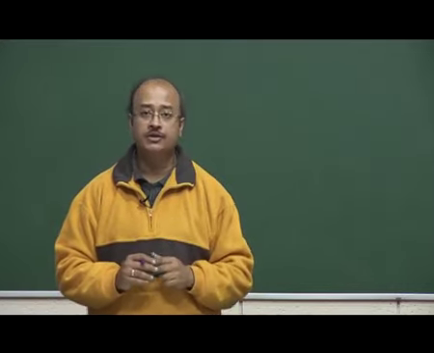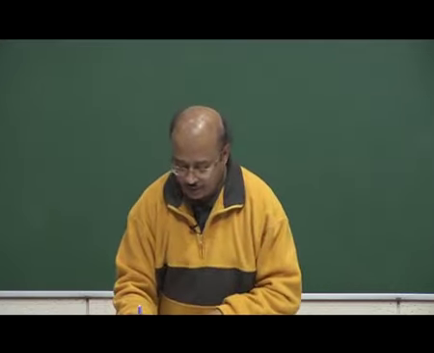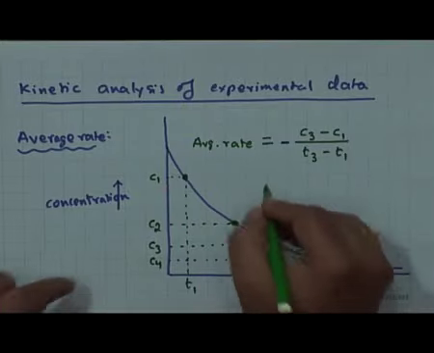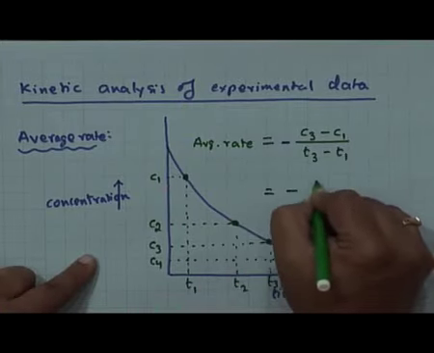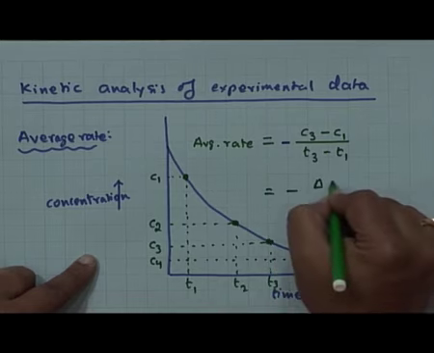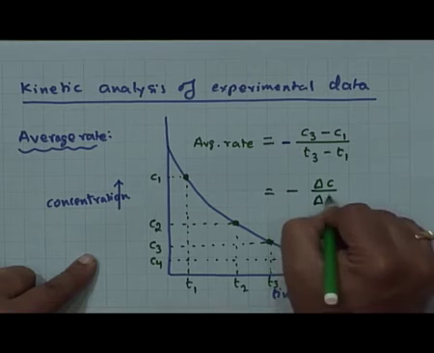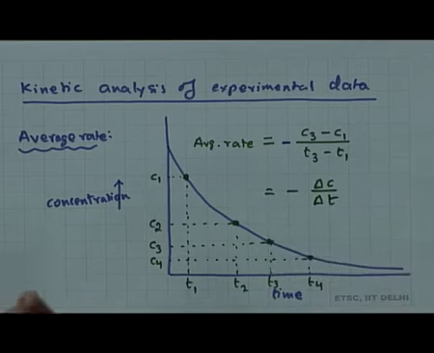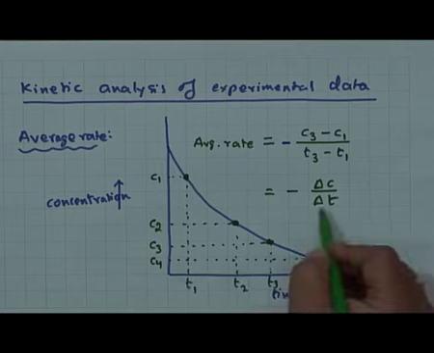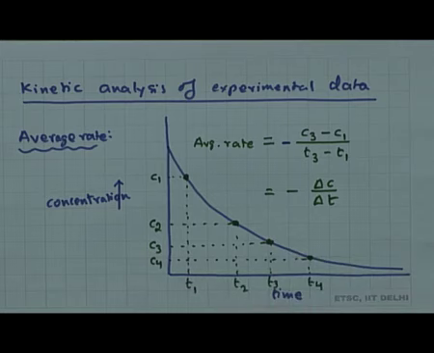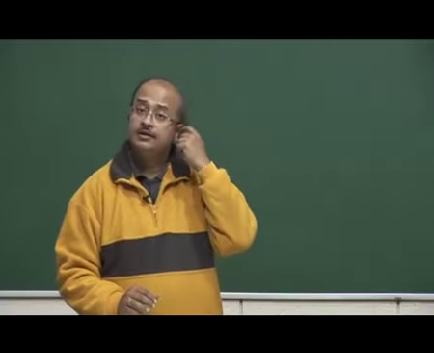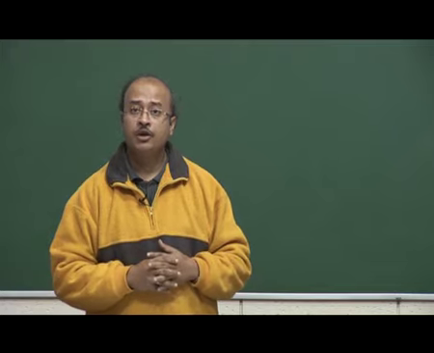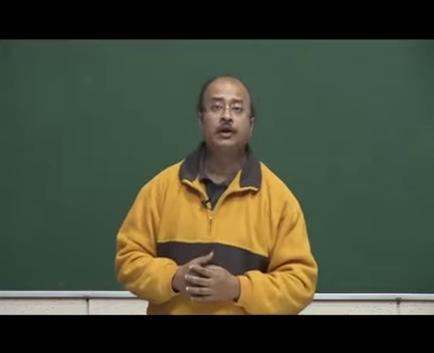Anyway, this one we can write as minus delta concentration over delta T. So, a delta means a finite change in concentration over a finite change in time, that means over the time interval T3 minus T1. So, this is the definition of your average rate, and as I said, this is not what is regularly used or that useful.